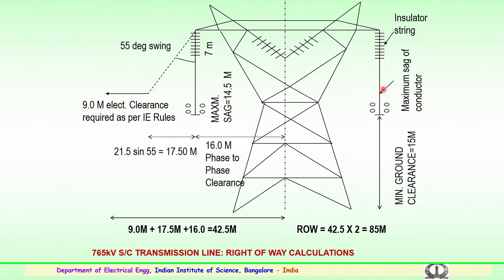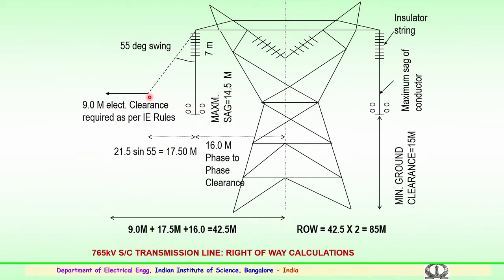So, once the insulator string with the conductor has a movement, you can see because of the wind, the sag, the swing of this insulator with the conductor happens. This swing is considered as 55 degrees, a swing which is the maximum being considered. So, the conductors and the insulator string now come to this point.